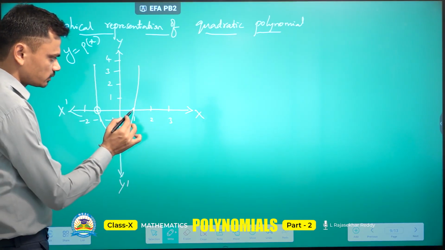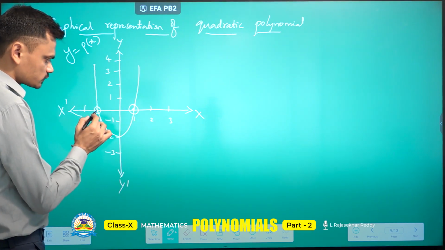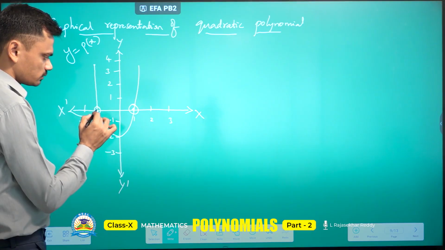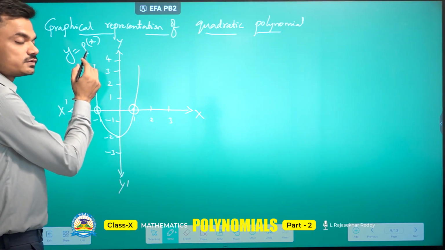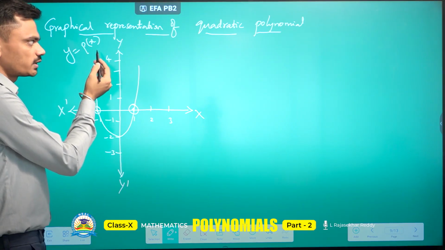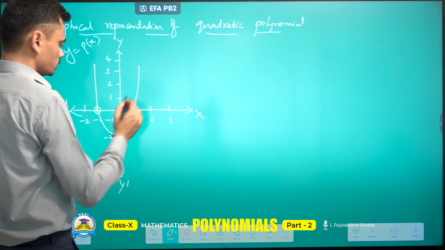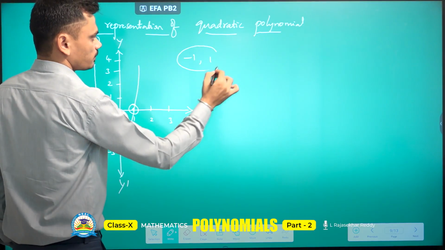See, here 1 point and here 1 point. So here what is the x coordinate? Minus 1. Here what is the x coordinate? Plus 1. So zeros or solutions of this parabola of this quadratic polynomial are minus 1 and plus 1.